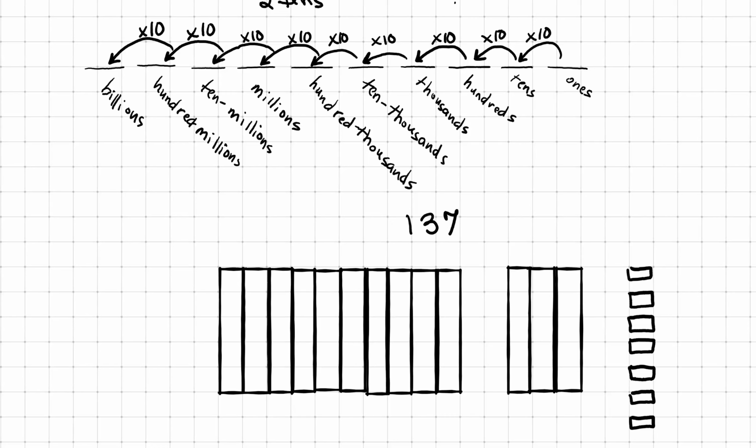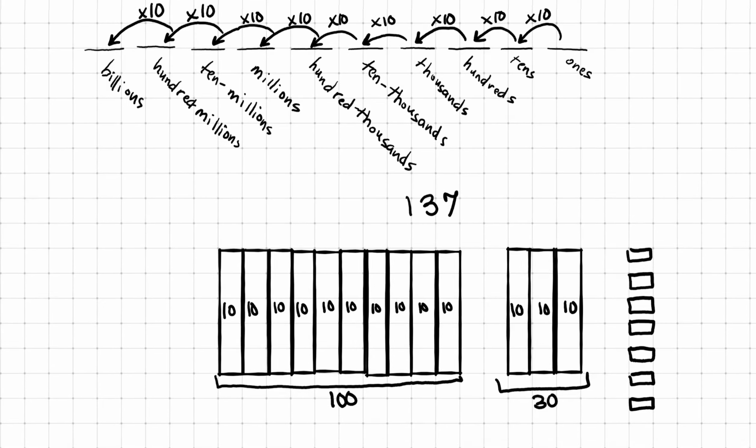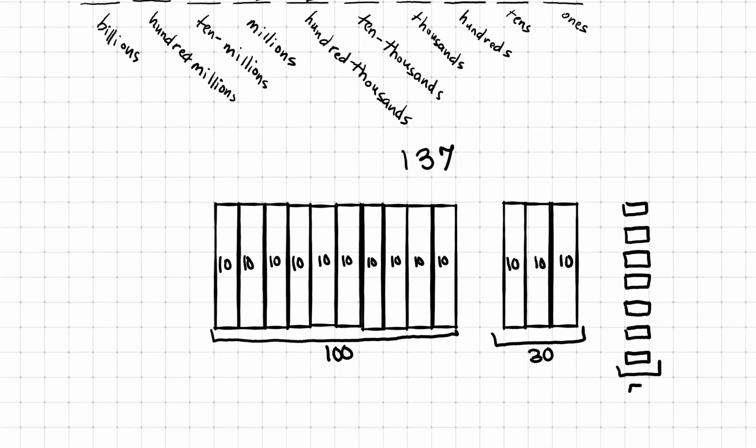But the accumulation is the students realize that if they have a group of 10 objects, and then they take 10 of those objects that stand for 10 objects, all together, 10 tens is 100. So this drawing represents 100, and then the tens here represent 30, or 3 tens, and then these units here represent 7 units.